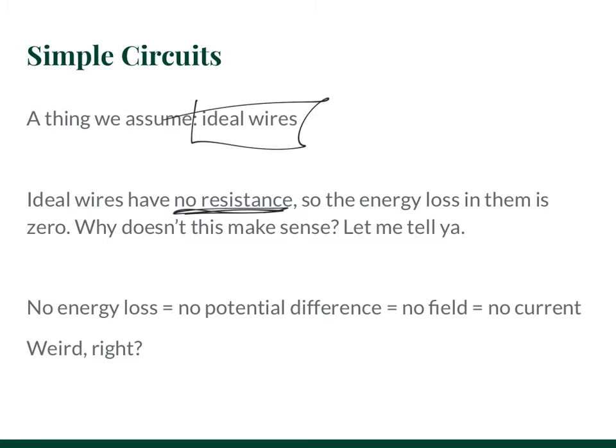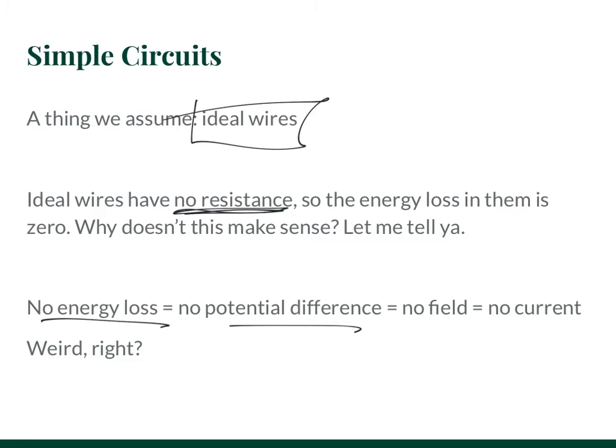Because if there's no energy loss in a wire, that means there's no potential difference across that wire, because the charge is not changing potential energy, so there's no change in potential in that wire, which means there cannot be an electric field there, which means there cannot be any current, because the field is what drives the current. So technically, if you have a wire with no resistance, you're not going to have a potential difference, which means you're not going to have any of these things.